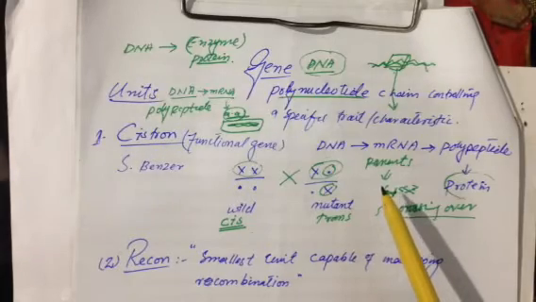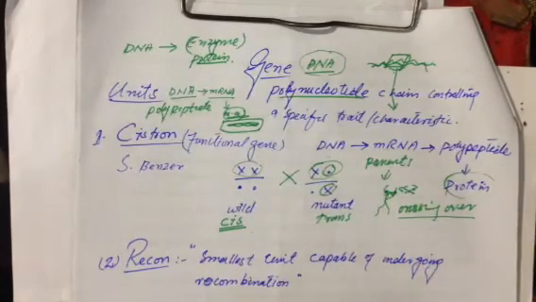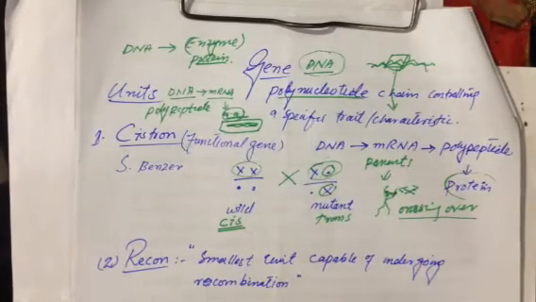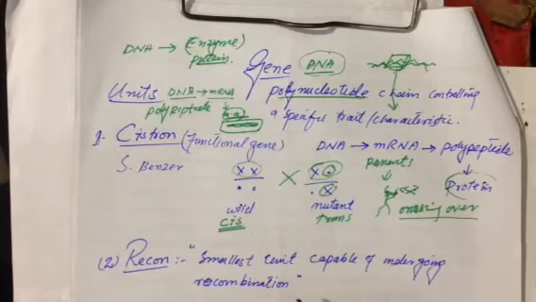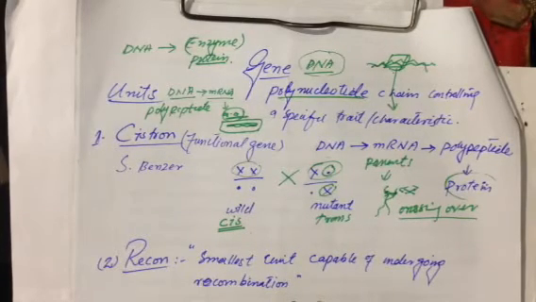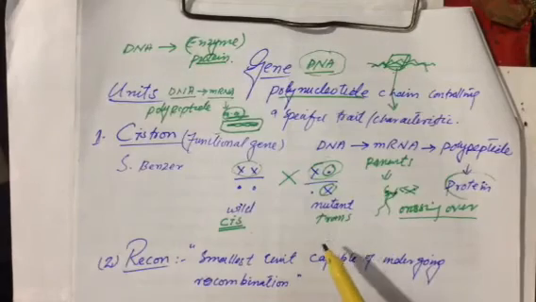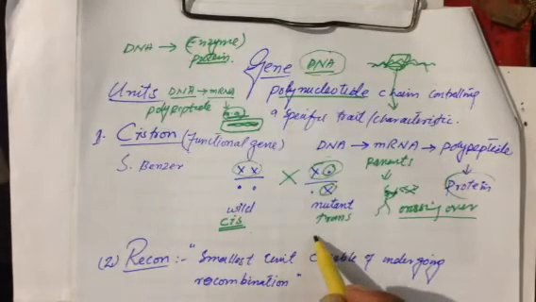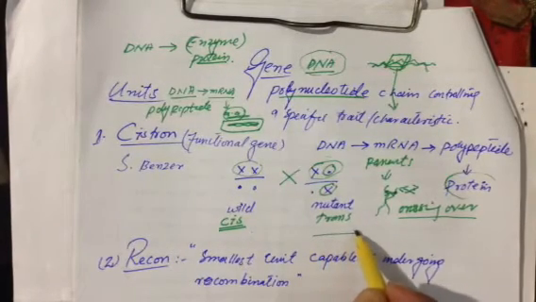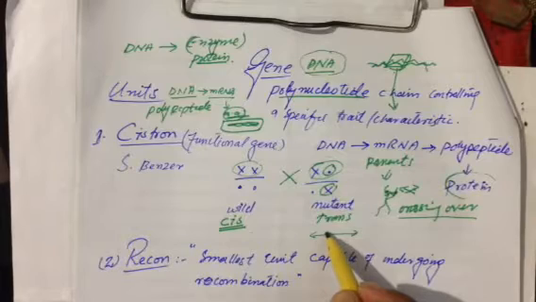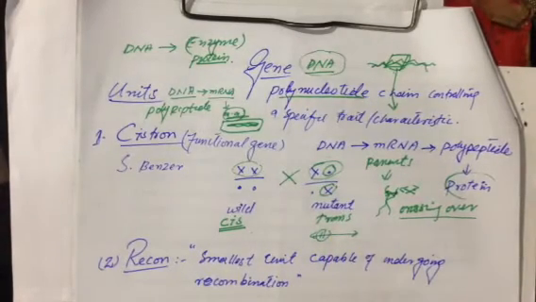The second unit is the recon. What is recon? Recon is the smallest unit, meaning the smallest unit of the polynucleotide chain. This is the polynucleotide chain, and we consider this the smallest unit here. It is the recon.